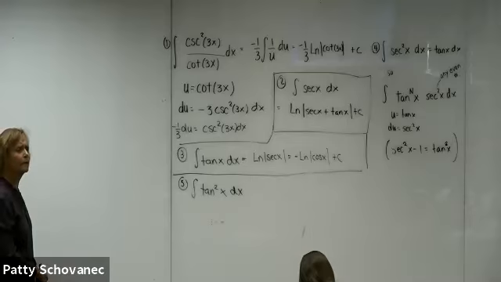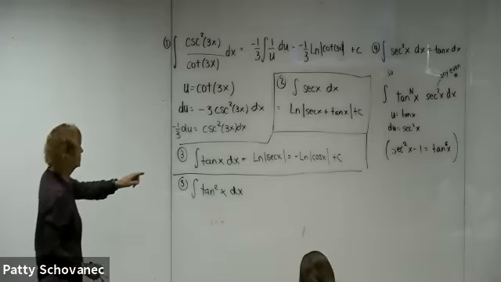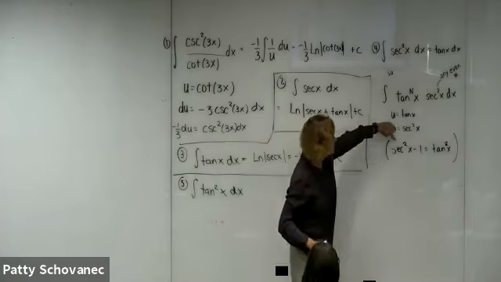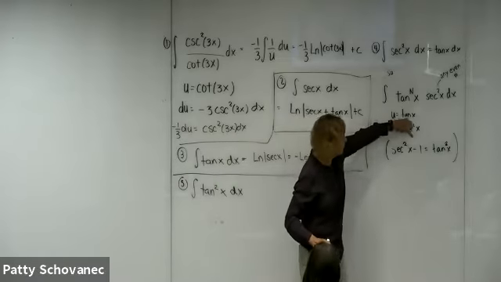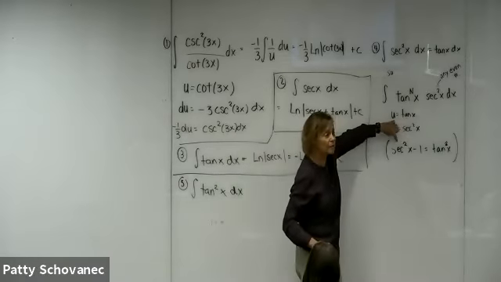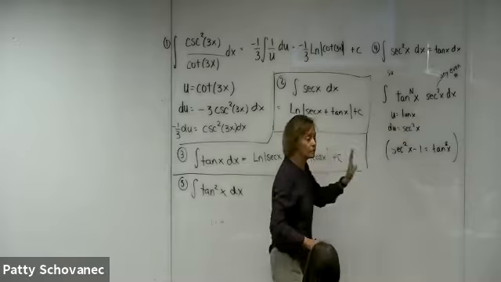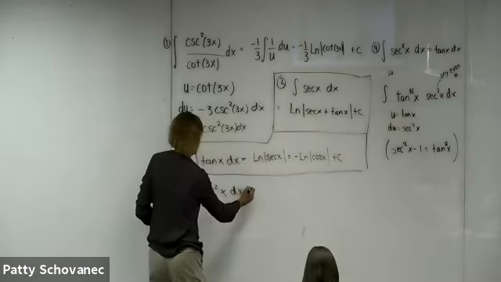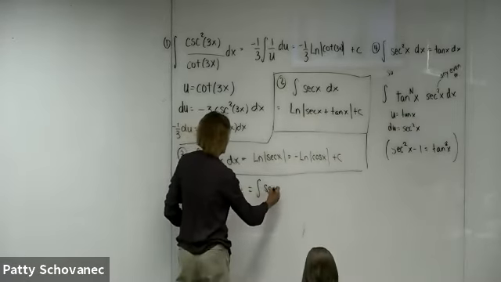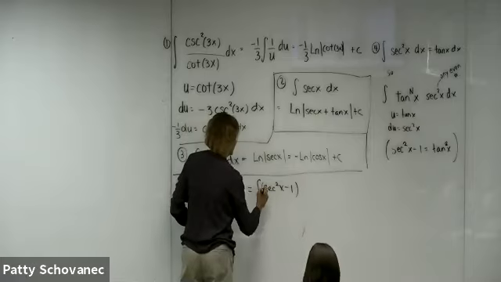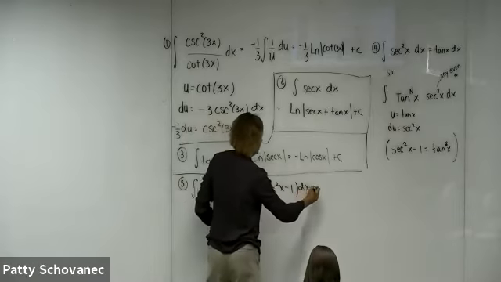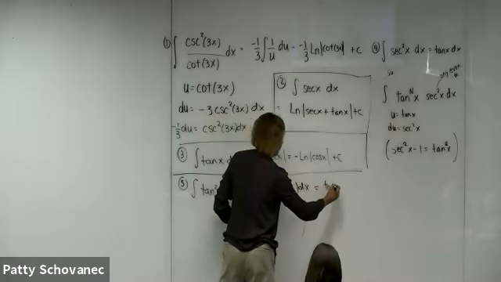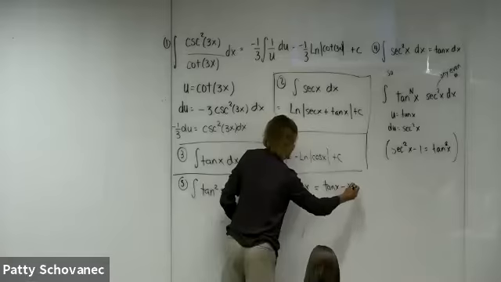Here's the key to success. We know how to integrate both of those, and tangent squared is equivalent to that. So just use a trig identity. Integral of secant squared is tangent. Integral of 1 is x.